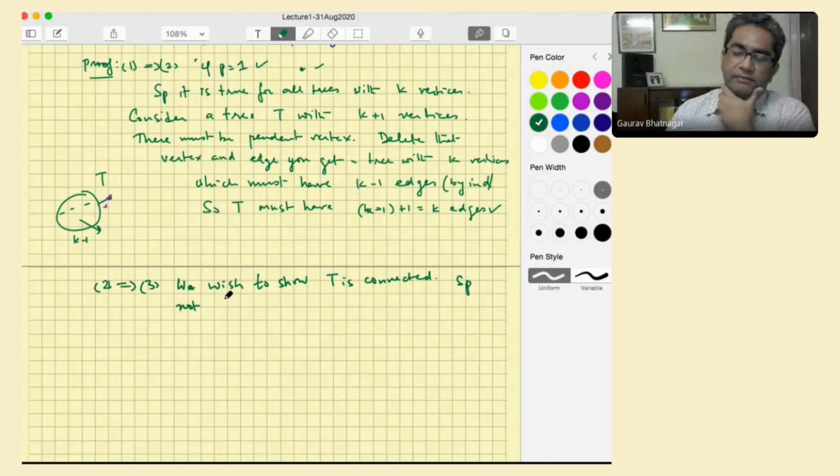Let T1, T2, up to T small t be the connected components.